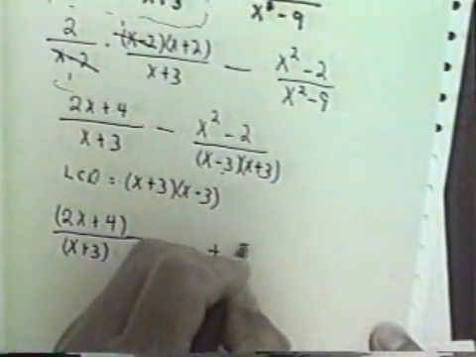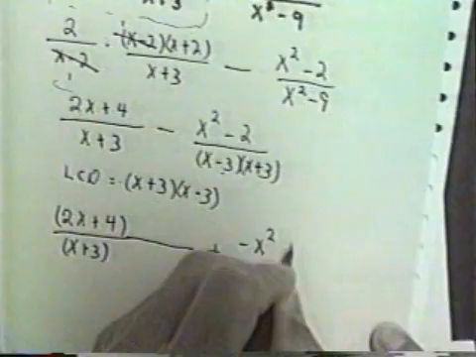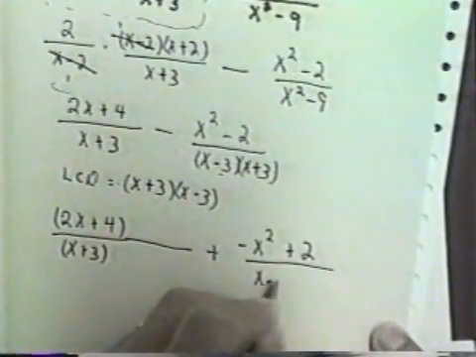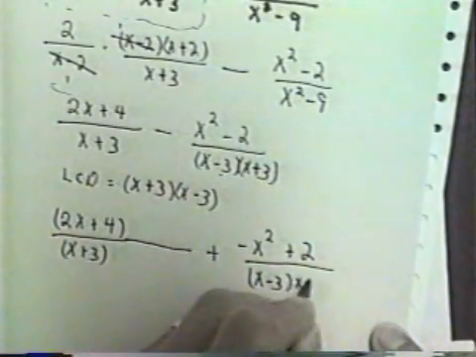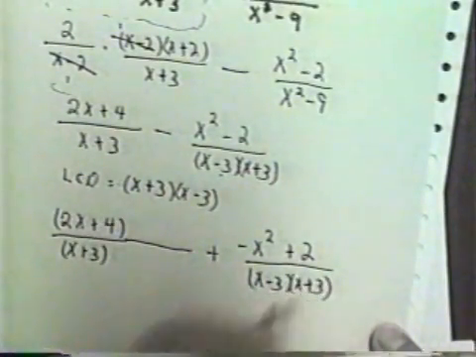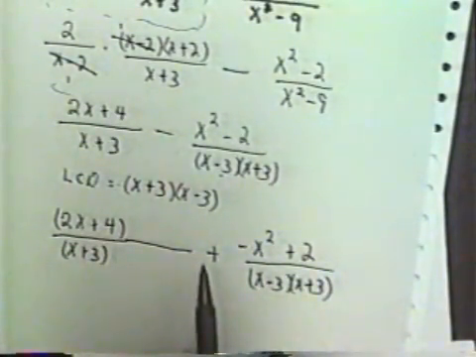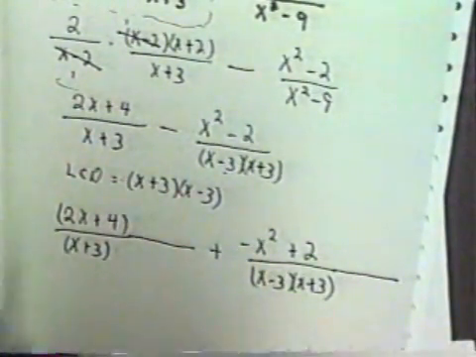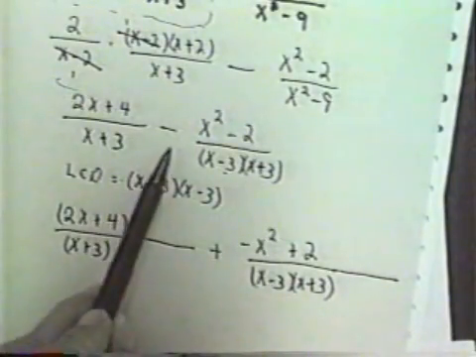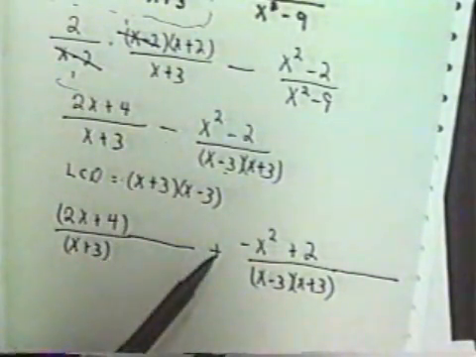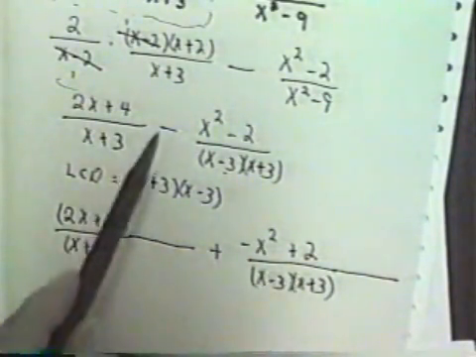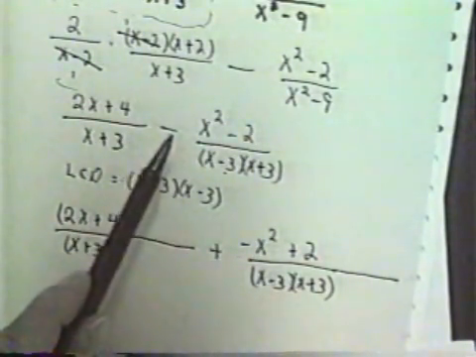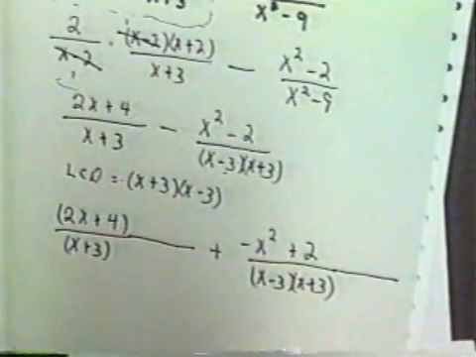So it's going to be the opposite of x squared plus 2 over x minus 3 times x plus 3. Now I did a couple of things at the same time, but it's okay since I'm just recopying. At the same time I recopied, I changed my subtraction problem into adding the opposite. The opposite of a positive x squared is a negative x squared. The opposite of a negative 2 is positive 2.